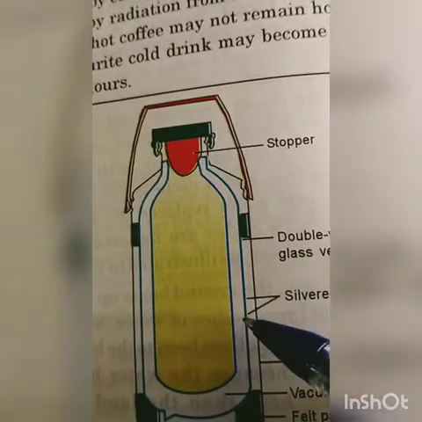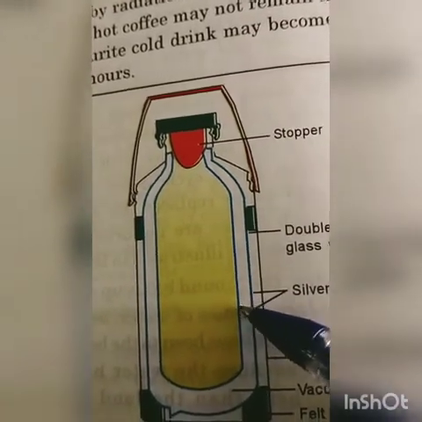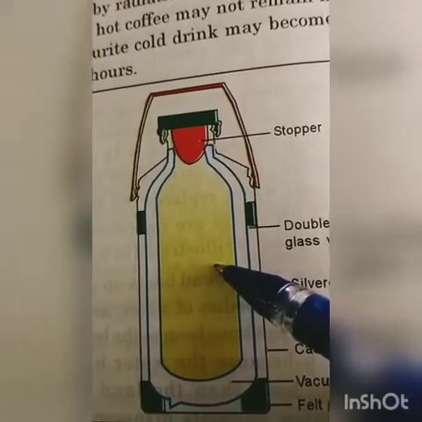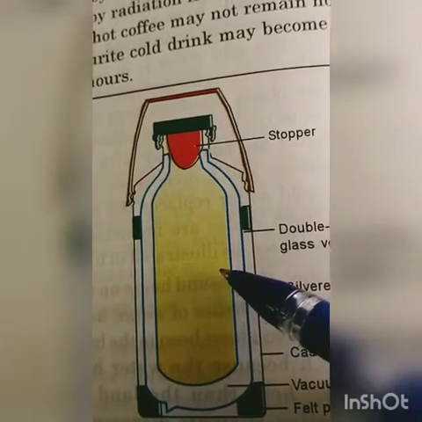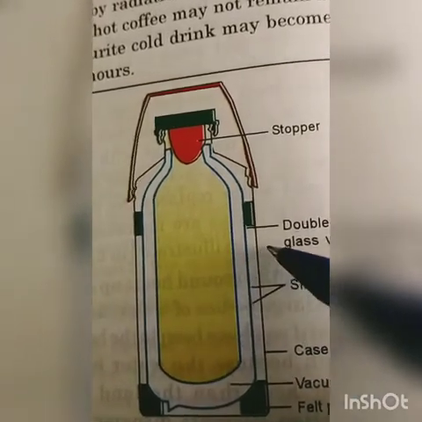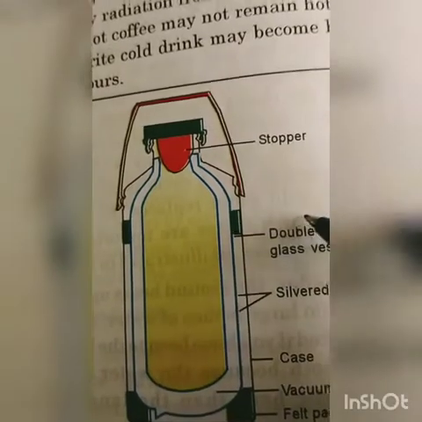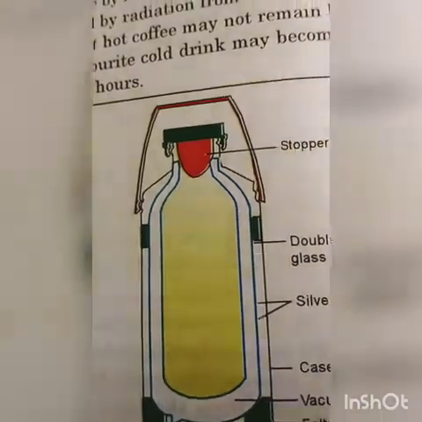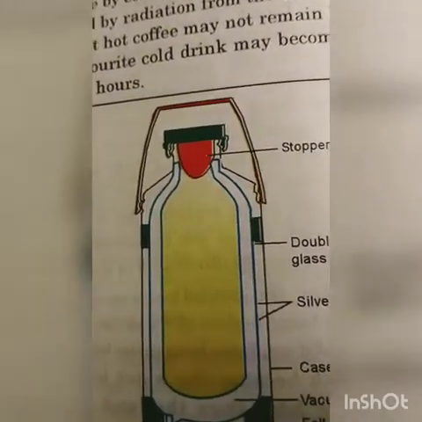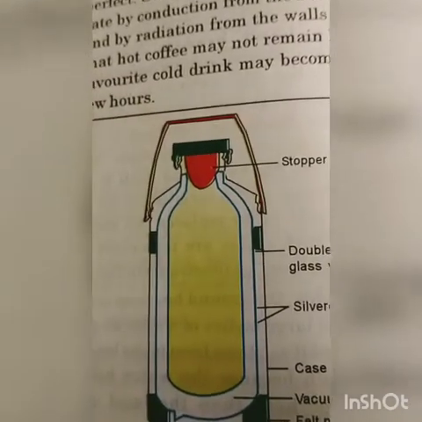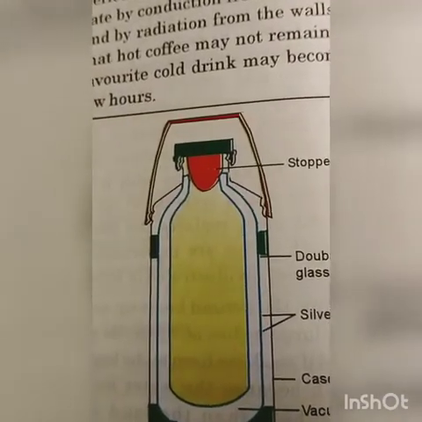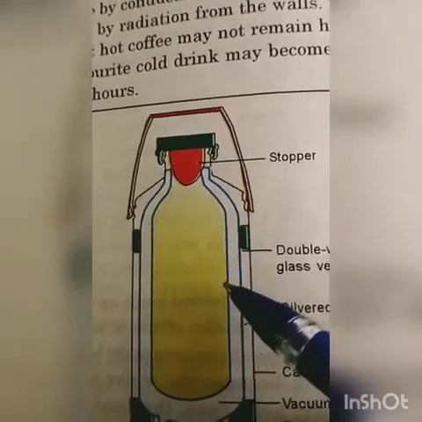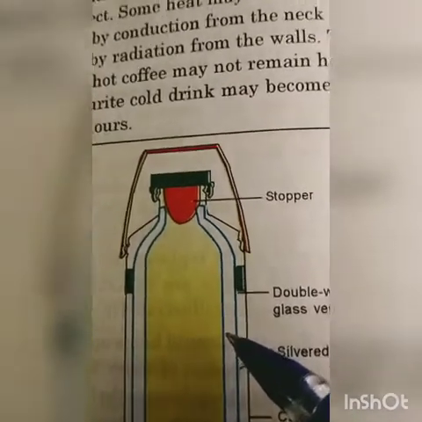When no medium is there, heat cannot transfer to the outer surface or the atmosphere by convection or conduction, because these two processes require a medium. Now the heat can be lost or gained only by these three processes. The third one is radiation.